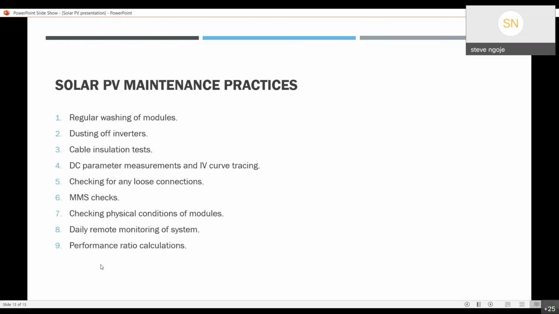Then lastly, performance ratio calculations. For those who have looked at PVsyst, this is a factor of how efficient your solar system is. Even when you're installing a solar system, you have an objective: it needs to be efficient. So this is something you need to carry out every now and then, as stipulated by your agreements with the parties involved.